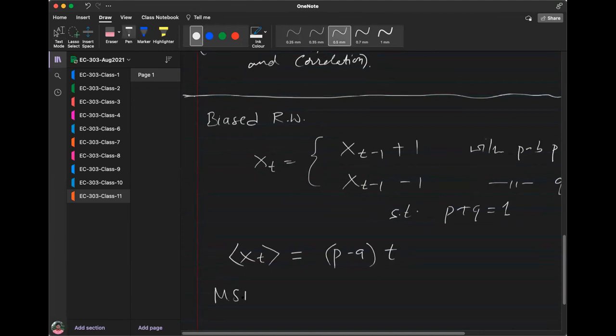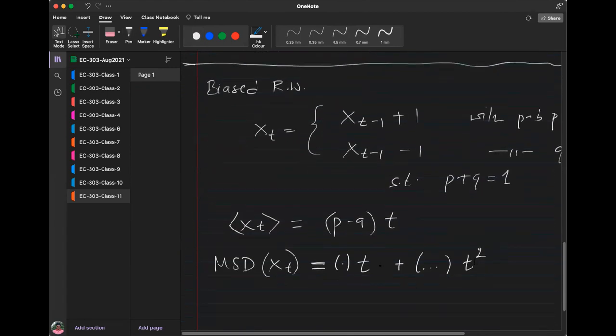We also found the mean square displacement with time. I had given this as an assignment. I have forgotten now, but I think this has a t term with some coefficients. It also has coefficients of p and q with a t square term.